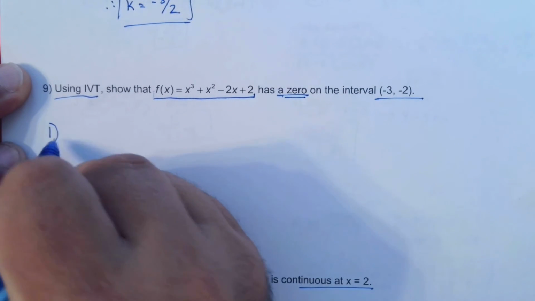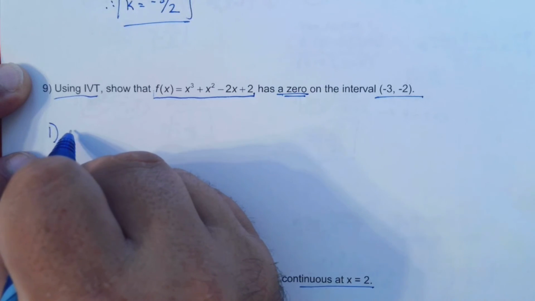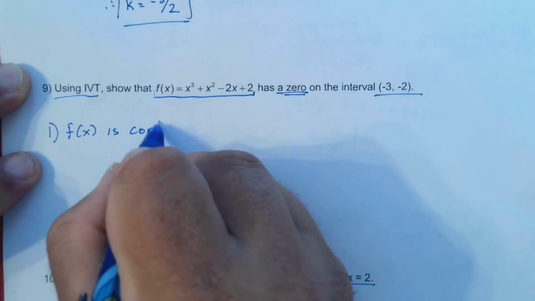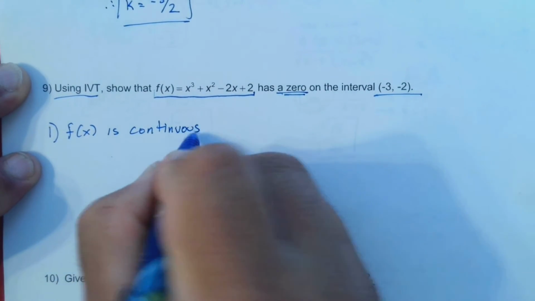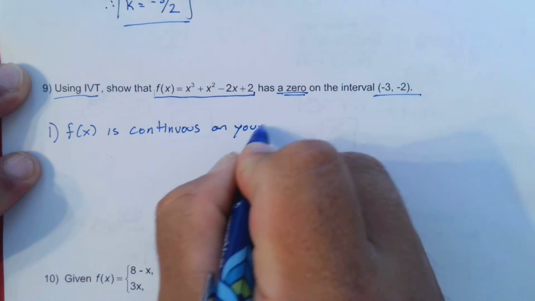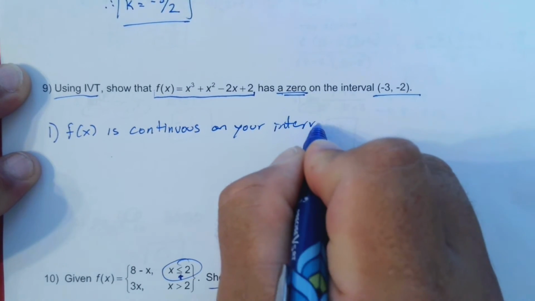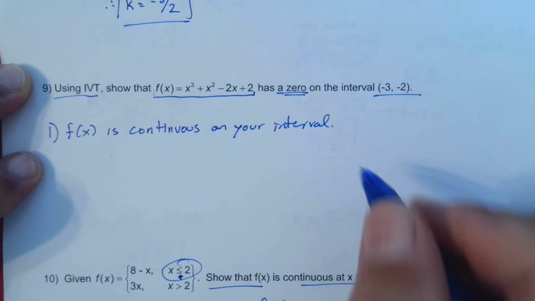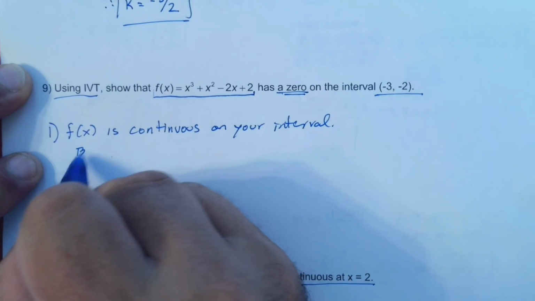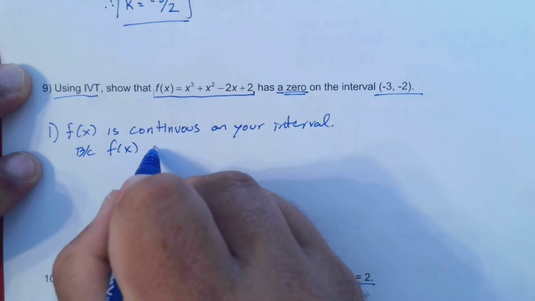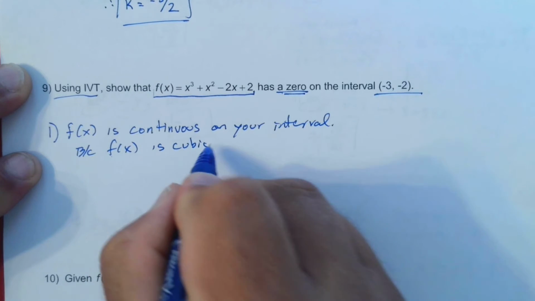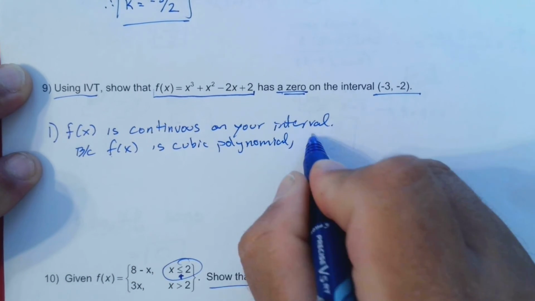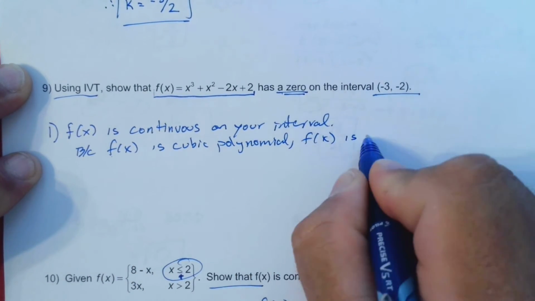One thing to consider is that f of x is continuous on your interval. And for us, because f of x is a cubic polynomial, f of x is continuous.